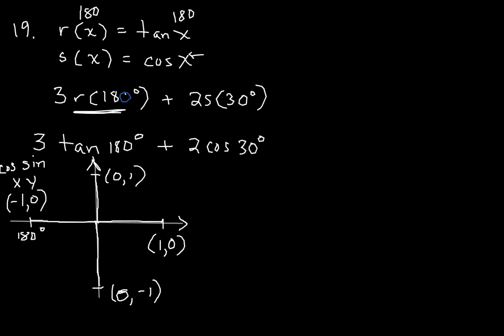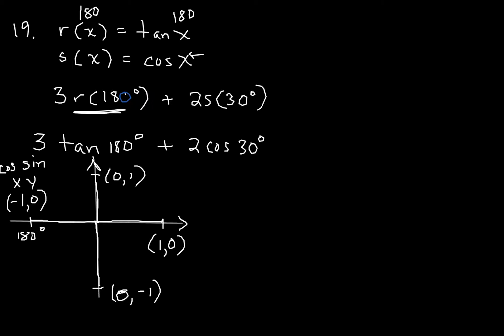If I said, what's the sine of 180 degrees, you would say 0. The cosine is the x coordinate, the sine is the y coordinate. If I said, what is the cosine of 90 degrees, you would say 0, because that's your x coordinate. What's the sine of 270 degrees? Well, that would be the second coordinate. The sine would be -1.